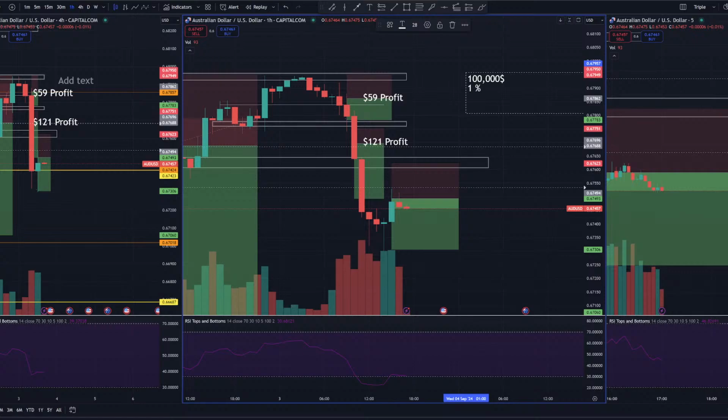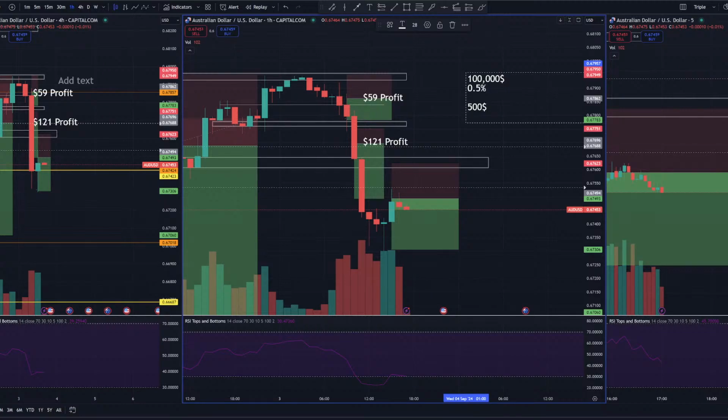Or maybe even 0.5% per trade, which would be around $500 you're risking per trade.